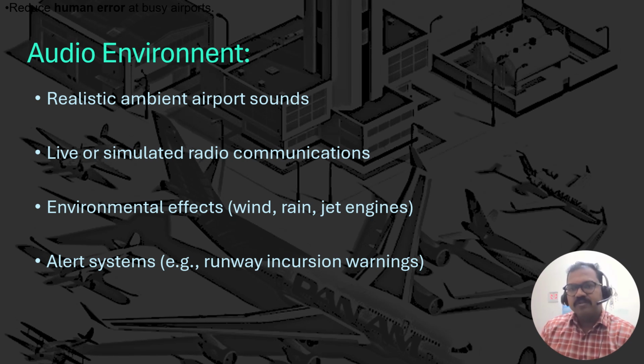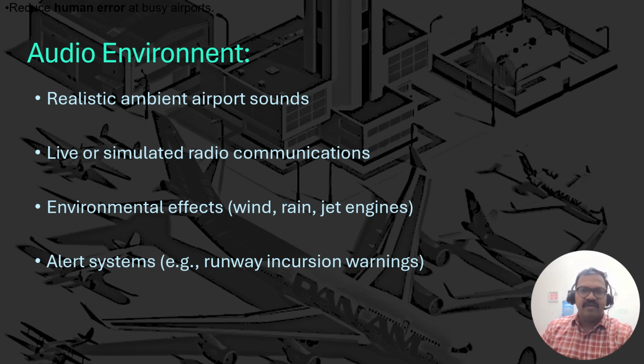Sound plays a major role in the immersion of the simulator, including realistic ambience from jet engines to wind or rain. Live or simulated radio communication helps trainee controllers manage multiple aircraft efficiently, and alert sounds like runway incursion warnings prepare trainees for real-life emergencies.